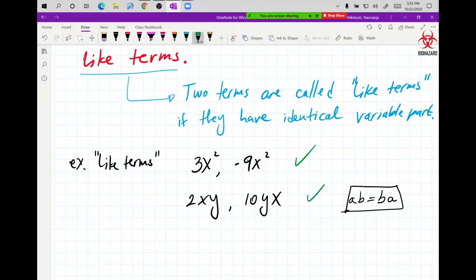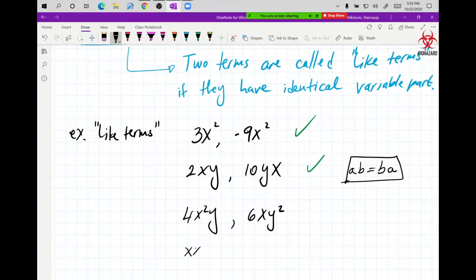And now I'm going to have 4x squared y and 6xy squared. Are these like or not like? I'm going to say yes. You're going to say yes. They're not because of the exponents? Exactly. They are not because the exponents are not the same. You see that the first one has two x's and a y, and the second one has one x and two y's. So they are not the same, because two x's and only one x.